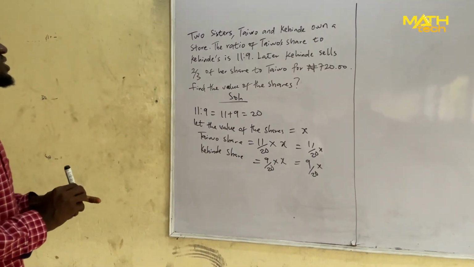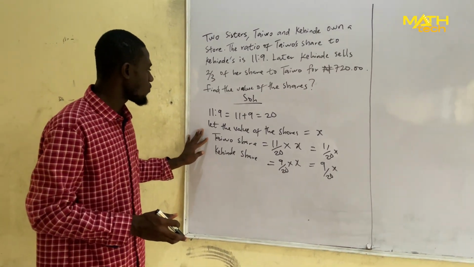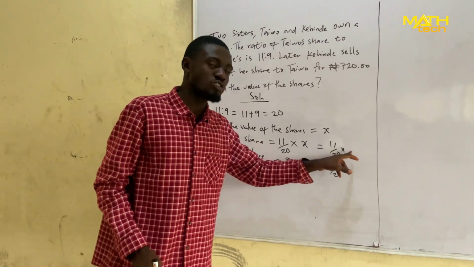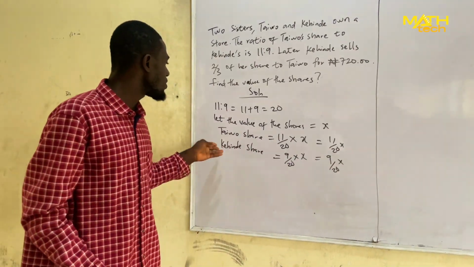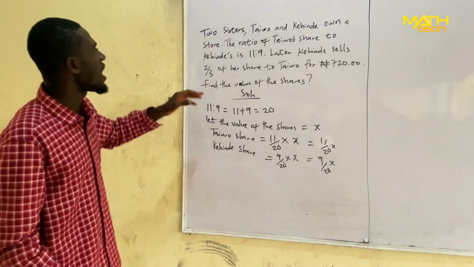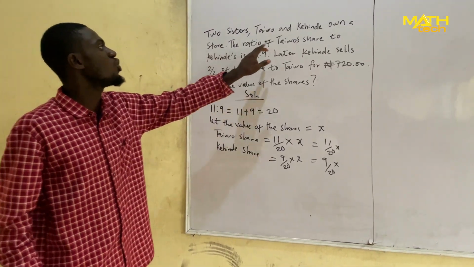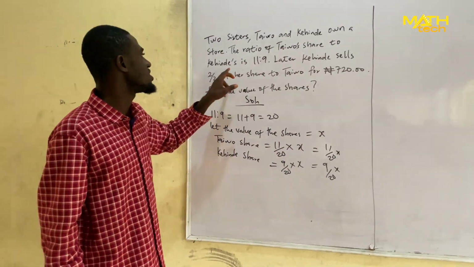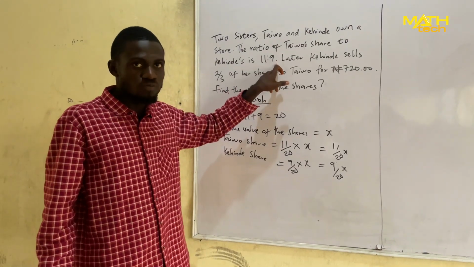So now, the complete share of Taiwo is 11/20x, while the complete share of Kehinde is 9/20x.